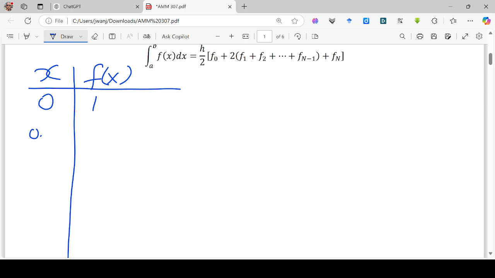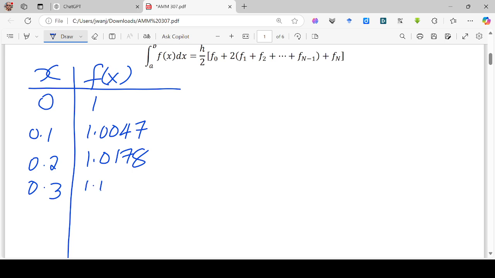When we have 0.1, we have 1.0047. 0.2, the corresponding value of the function is 1.0178. The value of x is 0.3. The corresponding value of the function is 1.0354. We are using 4 decimal places.